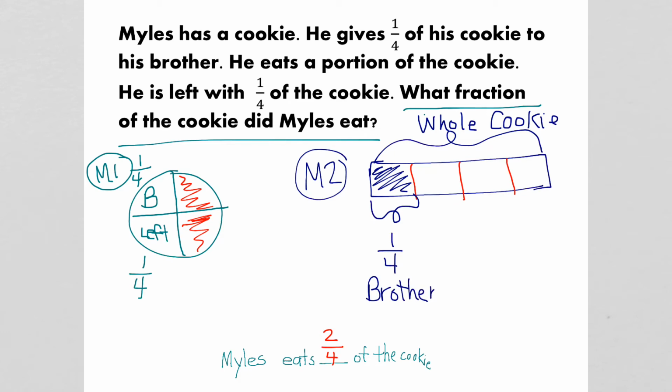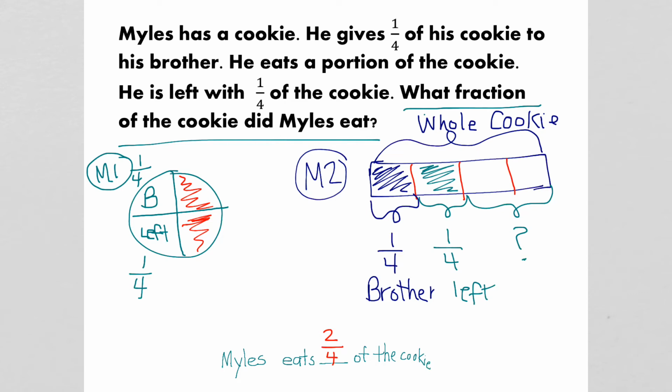At first we didn't know what Miles ate, so we're going to leave that as our unknown. And we go with he had 1/4 left. So this 1/4 is going to represent left. And this was the unknown. We didn't know what Miles ate, but then we did.